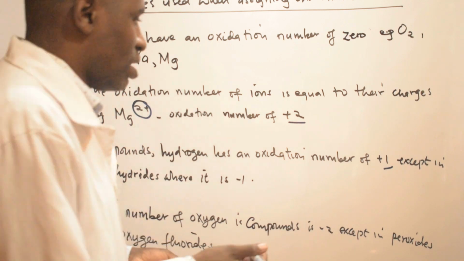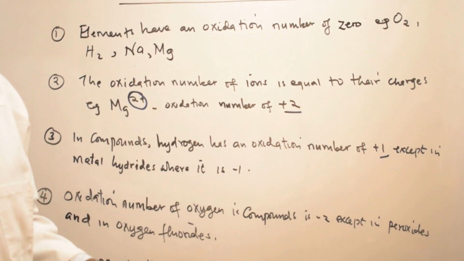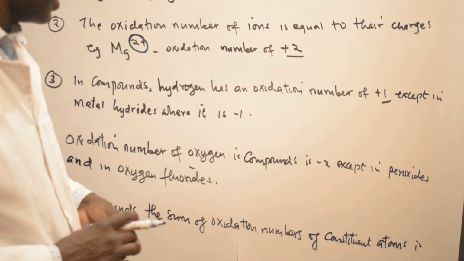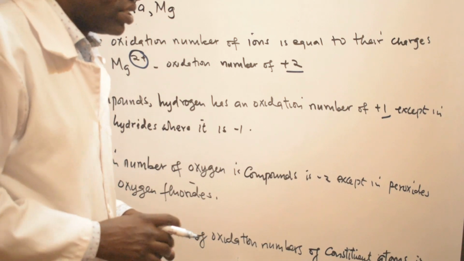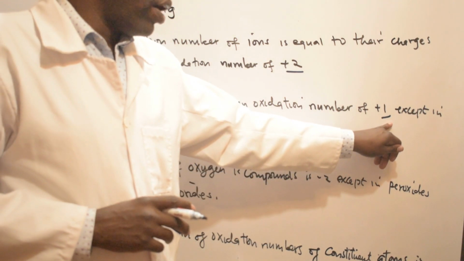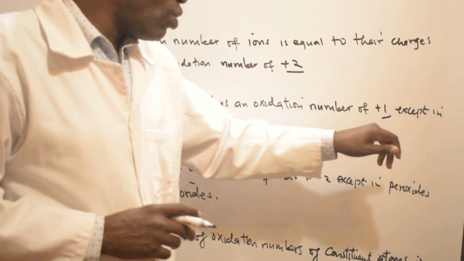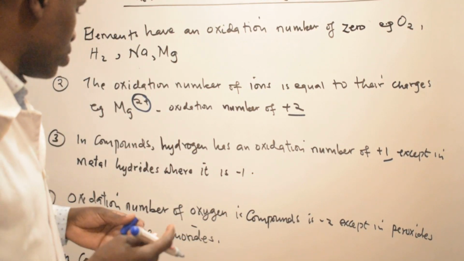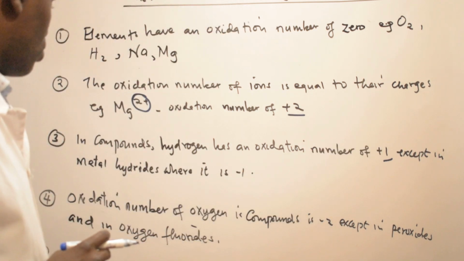If I'm saying that they have an oxidation number of positive 1, that means in most of the cases, when hydrogen is combining with other substances, it is going to lose an electron. And that's why in most of the compounds, it will have an oxidation number of positive 1.